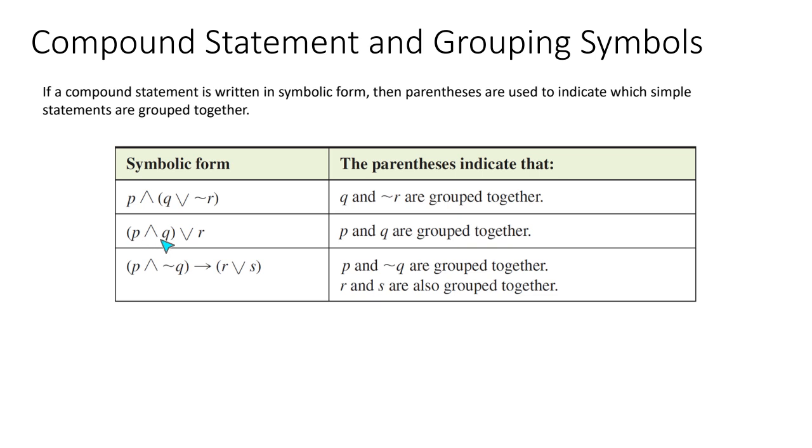In the second one, P and Q are grouped together. And then the last one, P and the negation of Q are grouped together, and R, disjunction S, are grouped together.